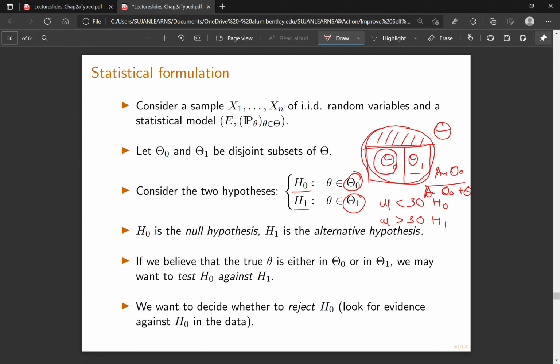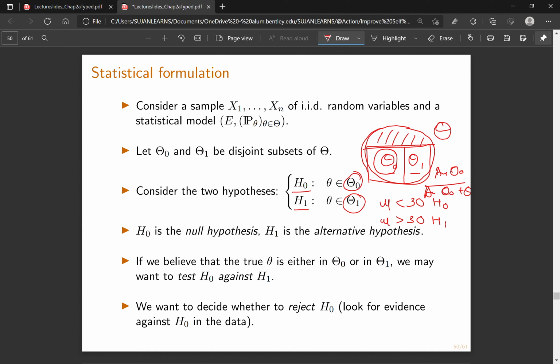In this way, H naught and H1 play asymmetric roles. Therefore, we have to be very careful in choosing which hypothesis will be H naught and which will be the alternative hypothesis for our hypothesis testing.